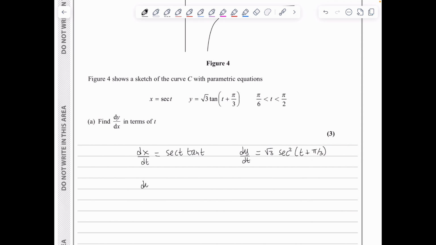Now we know that dy/dx is equal to dy/dt over dx/dt, so we are looking at root 3 sec squared of (t plus pi over 3) divided by the dx/dt, which was sec t tan t, and this is the expression for dy/dx.